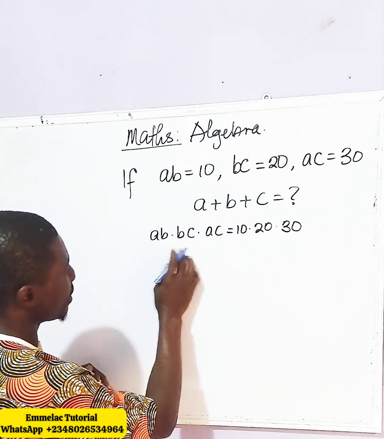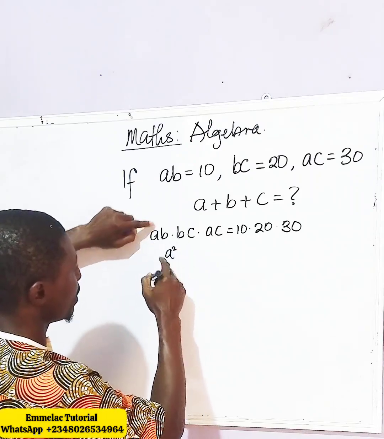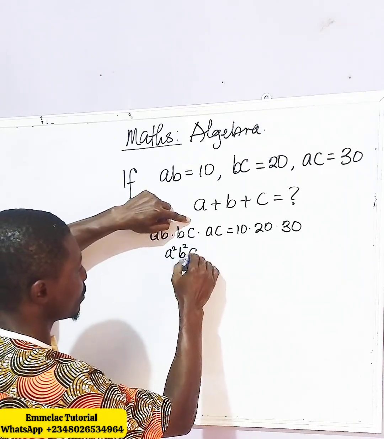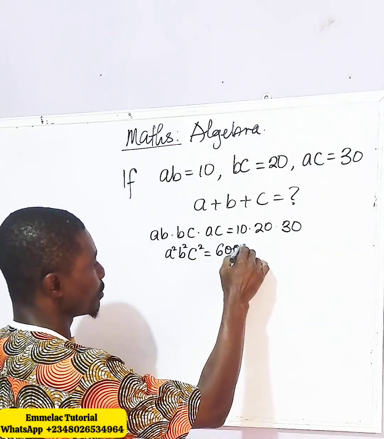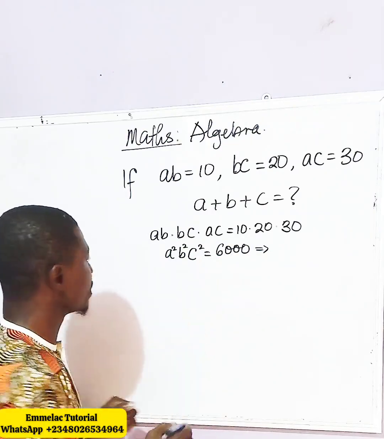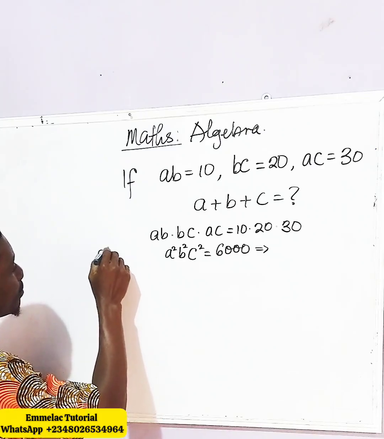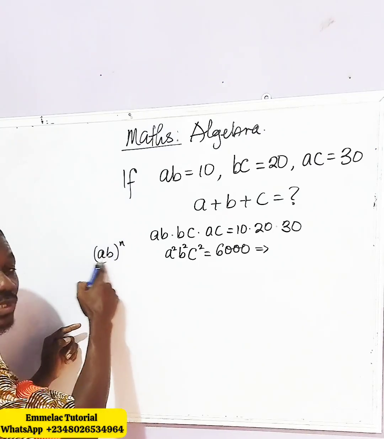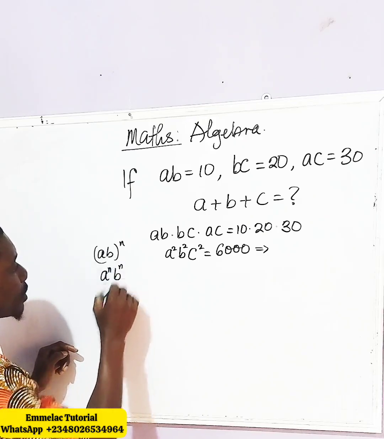So we end up having, now this point here, A times A will give us what? A squared. B times B will give us B squared. Now C times C will give us C squared. The whole of this will give us 6,000. Now according to the law of indices, if you have AB all raised to the power of n, this n can be distributed to A and B, giving us A raised to the power of n, B raised to the power of n.